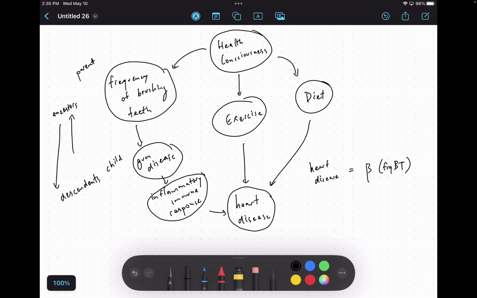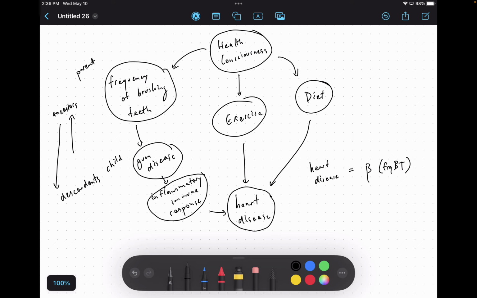What we say is that there might be some kind of confounding factor related to frequency of brushing your teeth that affects heart disease, but may also be related to other factors like exercise and diet.